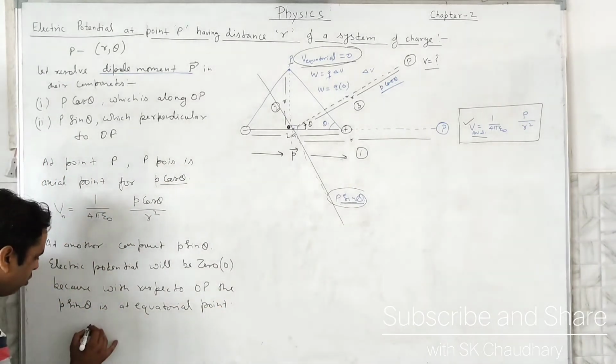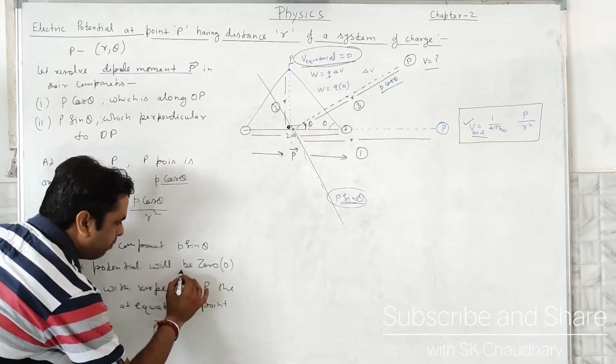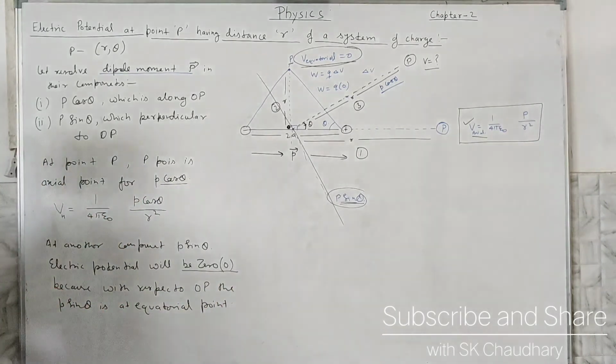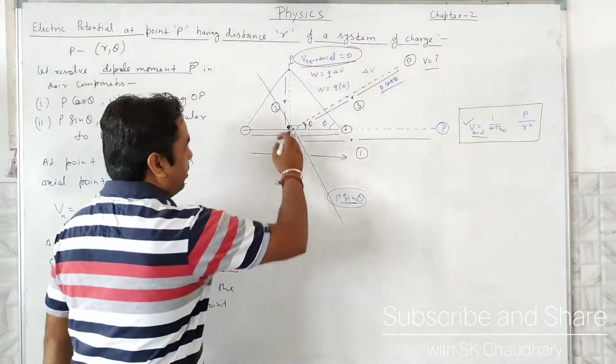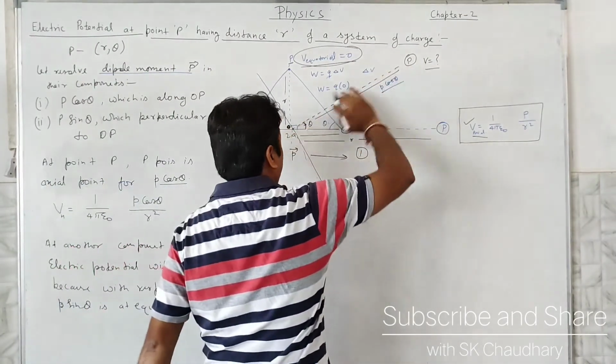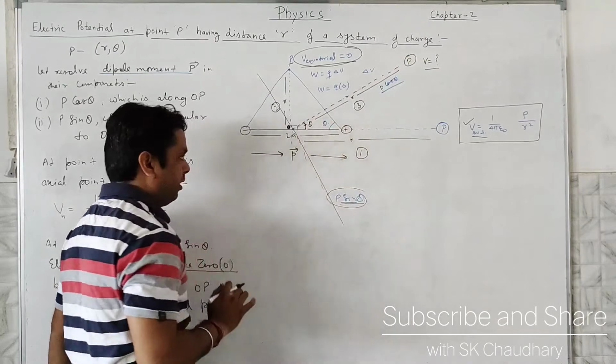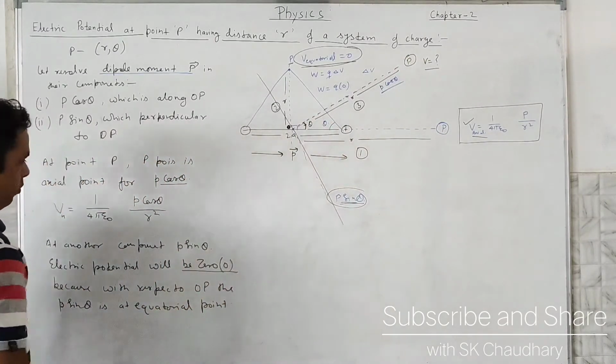So that is the reason why the electric potential at the equatorial point, with reference to this O and P having the angle theta with the dipole, is 0.